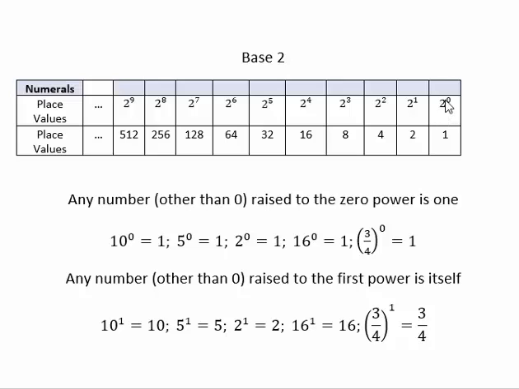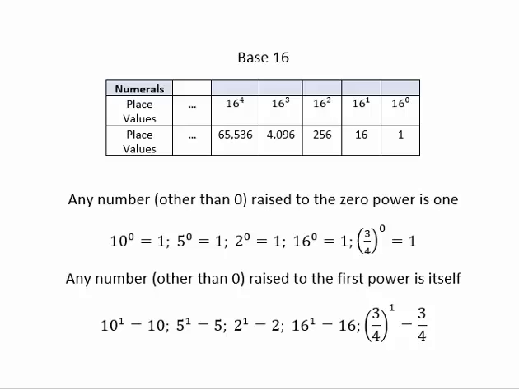Base 2 follows the same pattern. 2 to the 0 is 1. 2 to the 1 power is itself, which is 2. Base 16, again, follows the same rule. It's just a mathematical law that 16 to the 0 power is 1, and any number to the first power is itself.